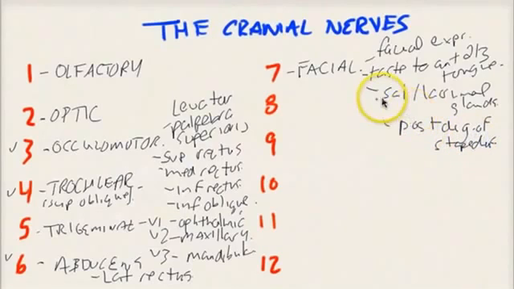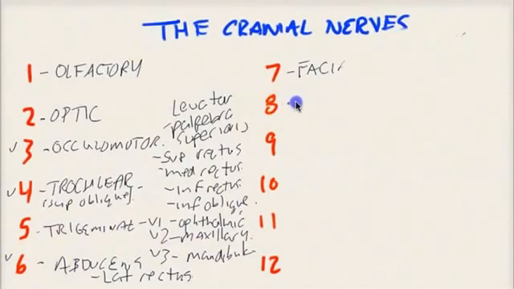Cranial nerve 8 is the vestibulocochlear nerve. The vestibulocochlear nerve provides sensation of rotation and gravity, as well as sound.